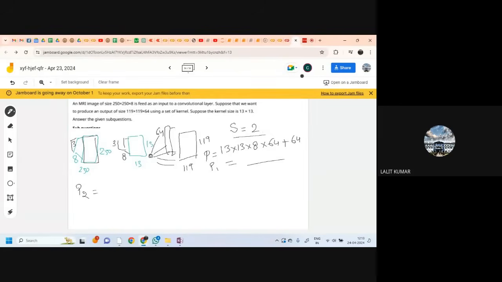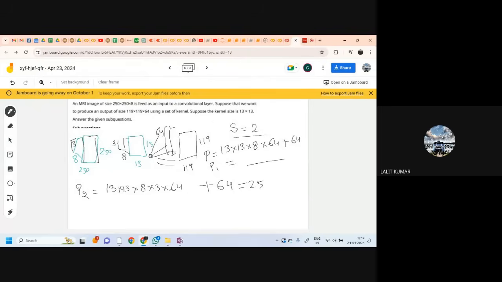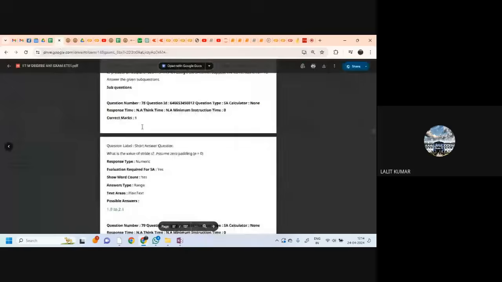Then parameters will become 13 by 13 by 3 by 8 by 3 by 64 plus 64. Let me calculate: 169 into 8 into 3 into 64 plus 64. The answer is 259648.